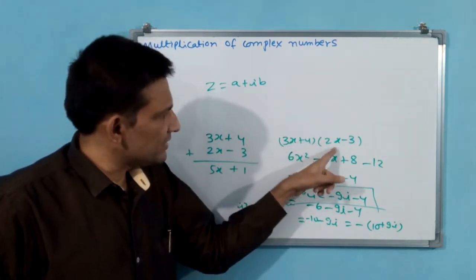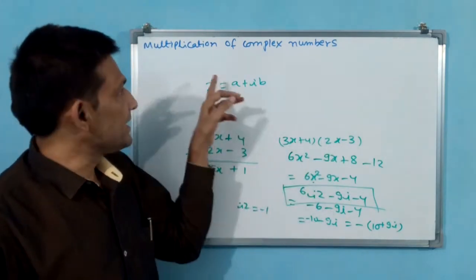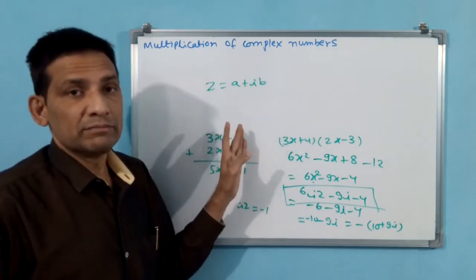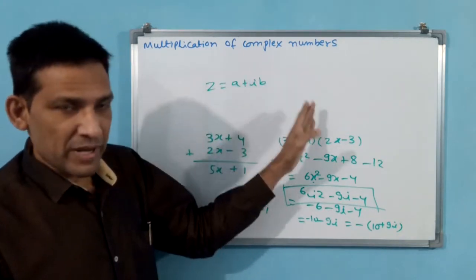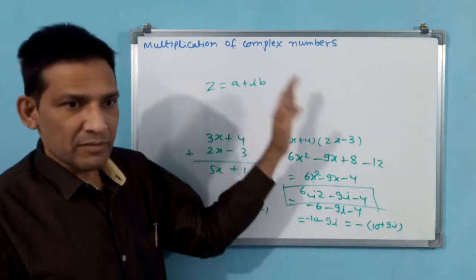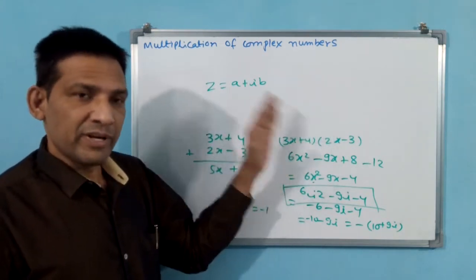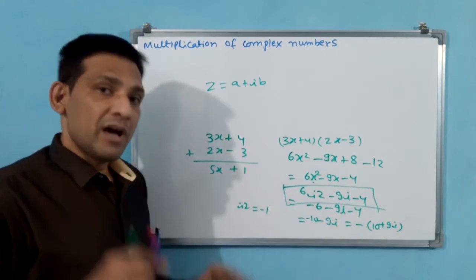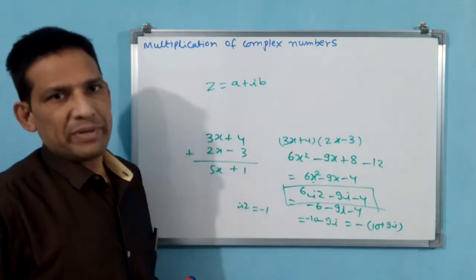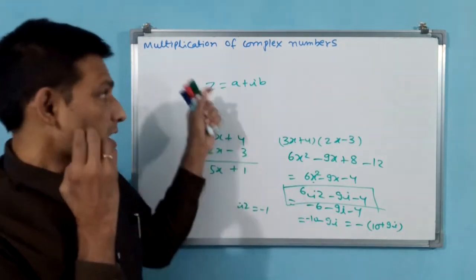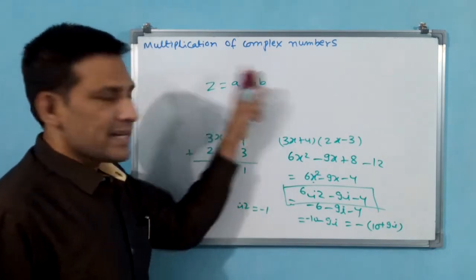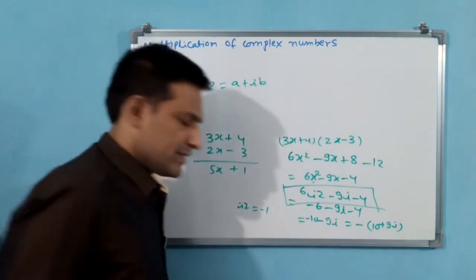When x term with x term, x square will come. Like this, i into i square will come. Real number, imaginary number, imaginary number, imaginary number; imaginary number, real number, imaginary number, imaginary number. Like that we have to multiply. That's what I want to say. Let us see. First we write in generalized form, then we take one example also.